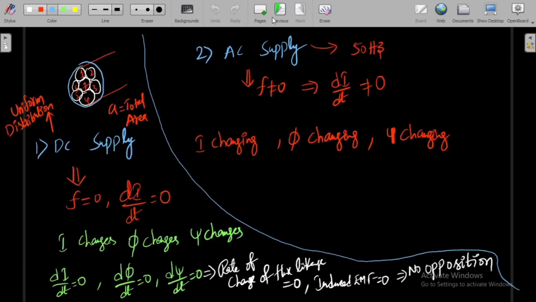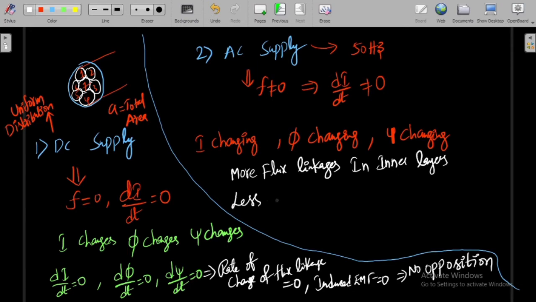So as we have seen just now, as flux is changing, there will be rate of change of flux linkage. So more flux linkages in inner layers and less amount of flux linkages in the outer layers.